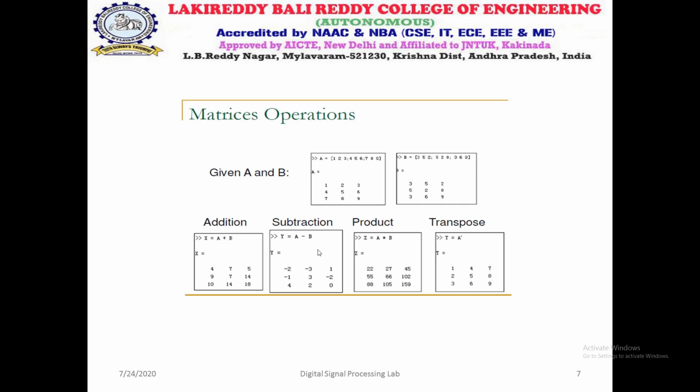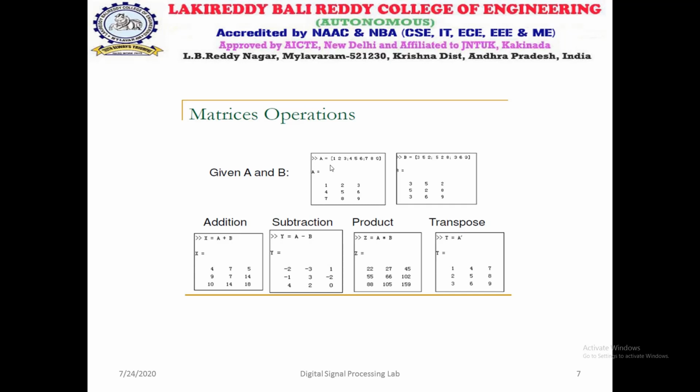So if we want to add two matrices, suppose I have a matrix A and it is a 3 by 3 matrix, and matrix B, it is also 3 by 3 matrix. So to give input for MATLAB, the matrix A can be given like this.